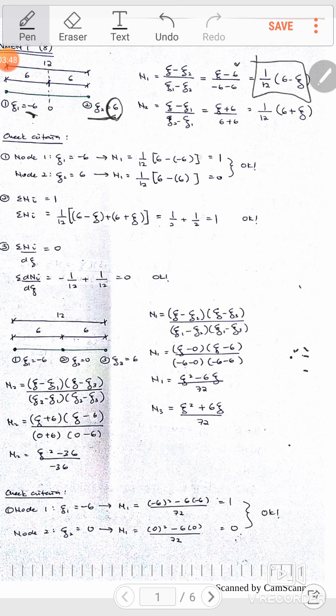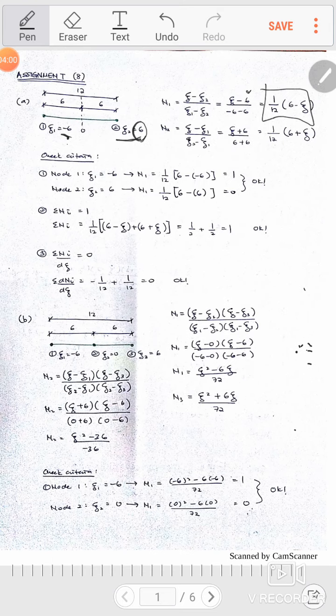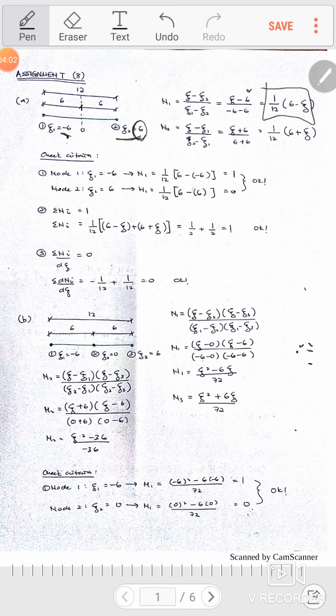So for node number 2, it is xi minus xi 1 over xi 2 minus xi 1. If you want to work on node number 1, for example, as I'm working here, you should neglect the xi of node number 1 on top. And if I work on node number 2, neglect xi number 1.